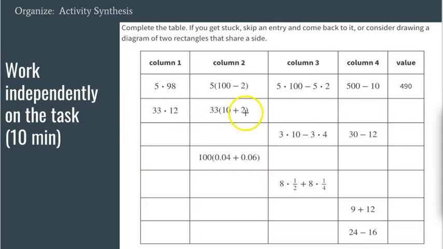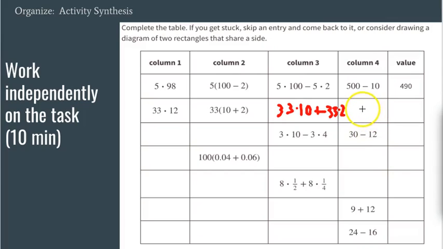What would be a rewrite for this? We have 33 times 12. We have parentheses 33 times 10 and 33 times 2. Yeah, it should be 33 times 10 plus 33 times 2.